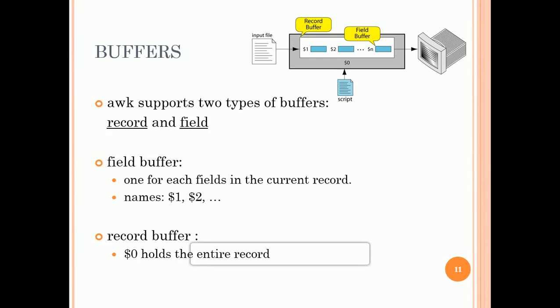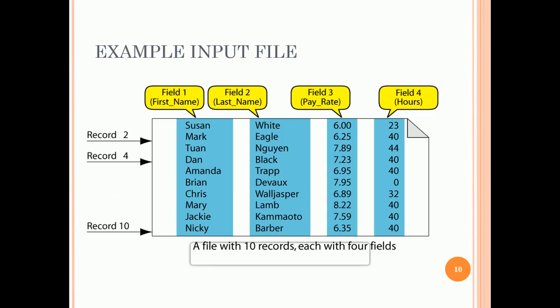Whenever we are using awk, we are using two types of buffers. In the previous example we said we have records and a record contains fields. The entire record is treated as an inbuilt variable, and that is $0. And within a record we have multiple fields: first name, last name, pay rate, and hours.